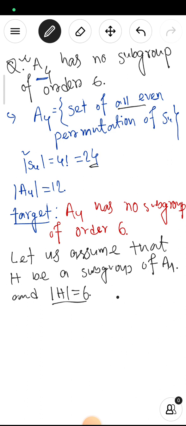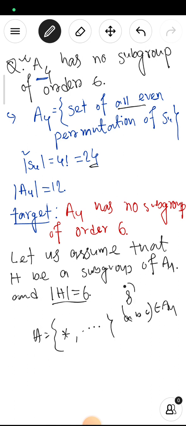So we see here there are 8 elements that are 3-cycles. The 8 3-cycles belong to A4, and the order of H is equal to 6. Then other than the identity, there are 5 elements. Is it possible that all 8 3-cycles belong to H?